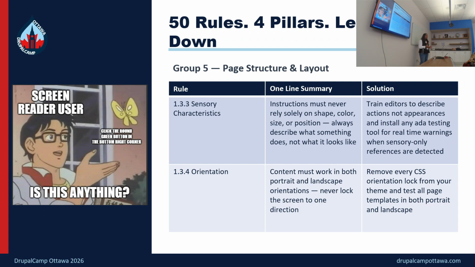They won't be able to see the content on your site. That creates a gap, and we need to bridge that gap. To do that, remove every CSS orientation lock from your theme and test your page templates in both portrait and landscape mode. The best solution is to start with a mobile-first approach. That will really help you build a proper responsive design.